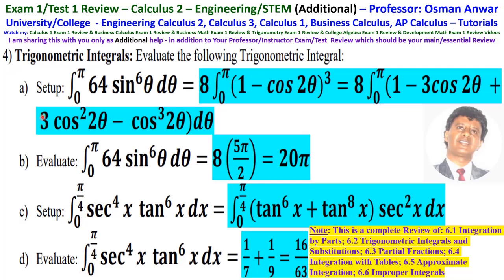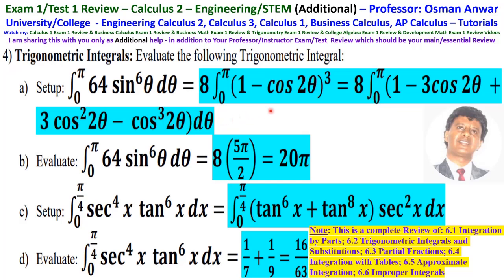Then that is 3 times half, which is 3 over 2, plus 3 over 2 cosine 4 theta. And for this last one, we're going to split it into cosine squared 2 theta times cosine 2 theta.